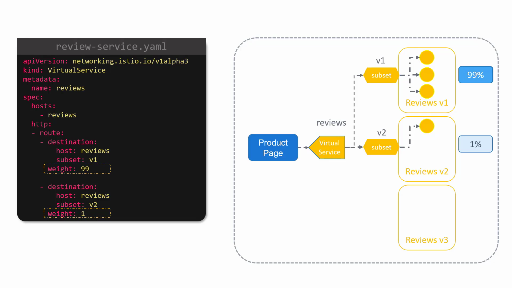Even if the reviews v2 service had 3 or more pods, the traffic distribution would still be 99% to v1 and 1% to v2. The number of instances now has nothing to do with the traffic distribution, and we can easily control that through the virtual service configuration.